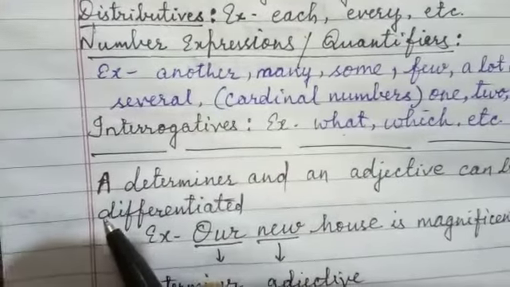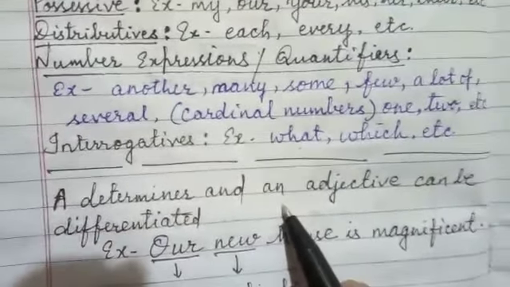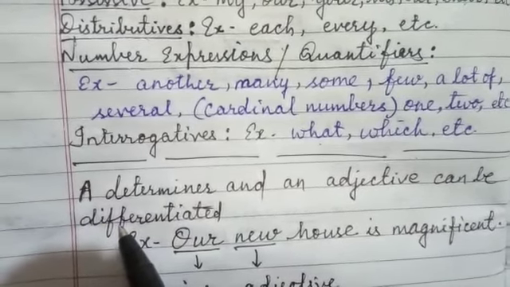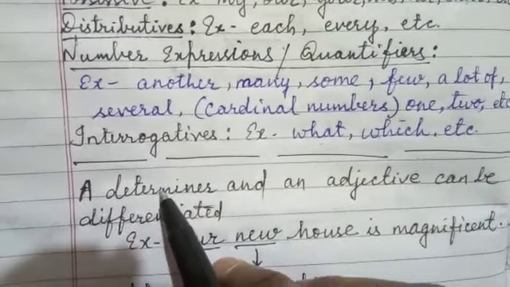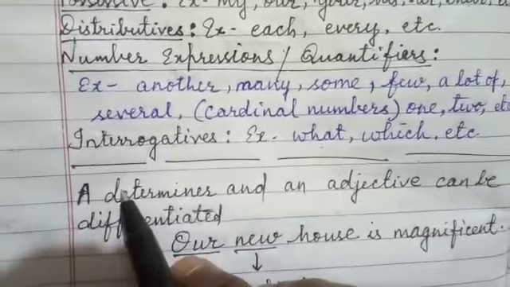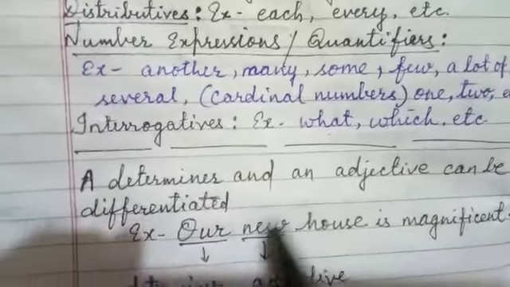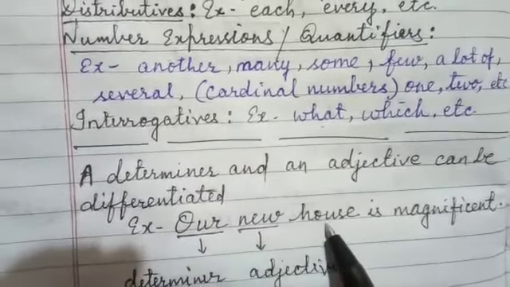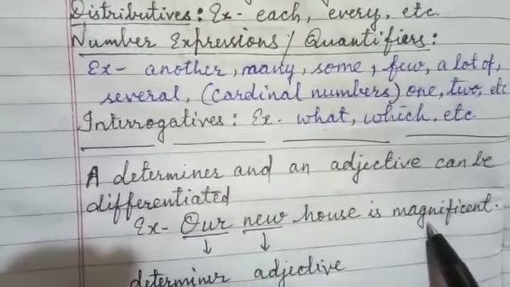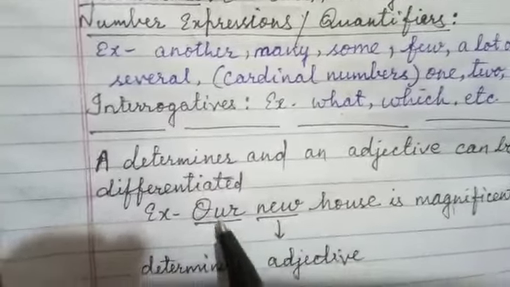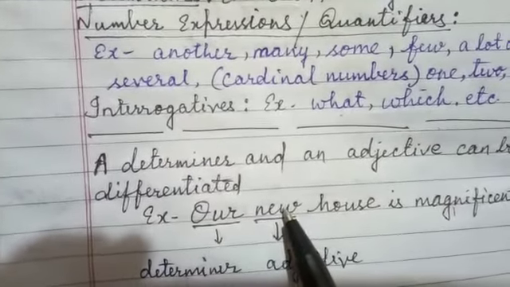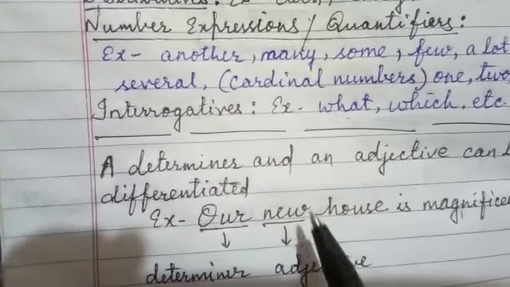Now, a determiner and an adjective can be differentiated. Don't misunderstand that a determiner can be an adjective. It can be differentiated. For example, our new house is magnificent. Here, this our is a determiner, but this new is an adjective.